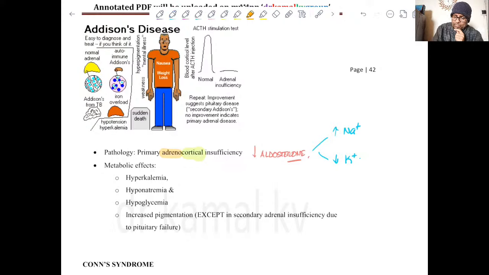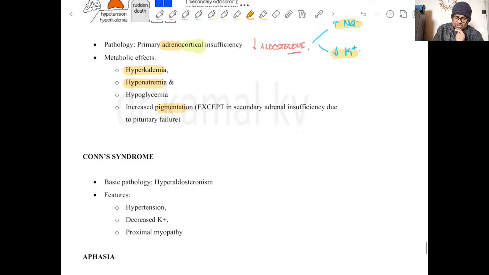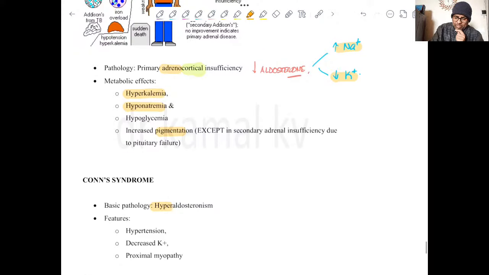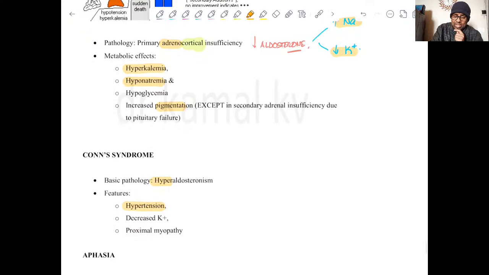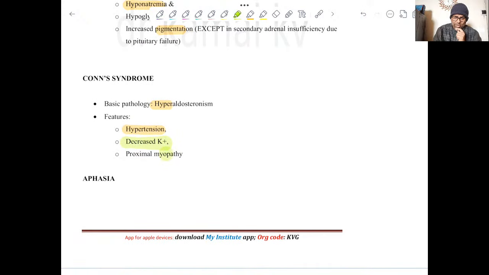If this is low, obviously this will be low, this will be high. So there is hyperkalemia and hyponatremia, right? And there can be pigmentation. Conn syndrome is opposite to this. So there will be excess activity of aldosterone. So there will be high sodium, that is synonymous with BP, so hypertension, and excess of potassium will be removed from the body, so decreased potassium, that manifests as myopathy.